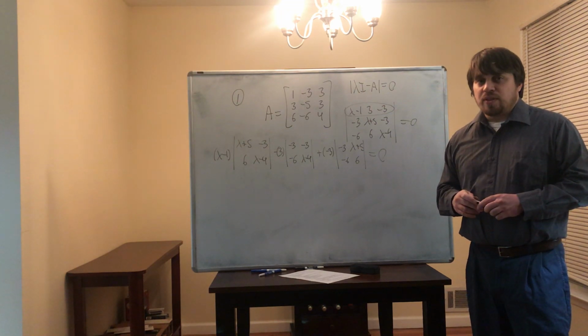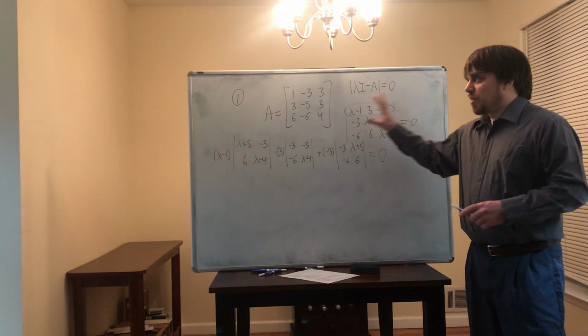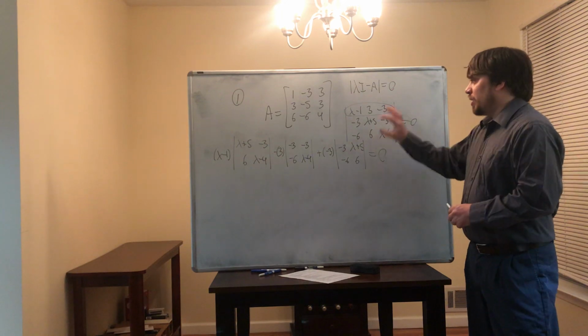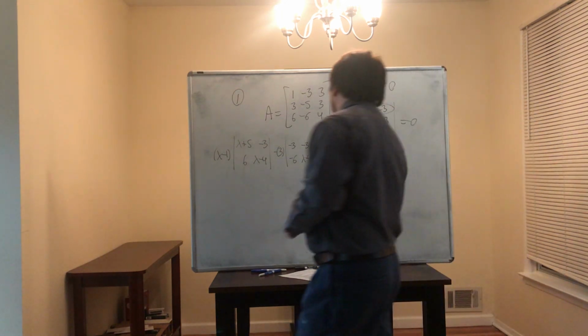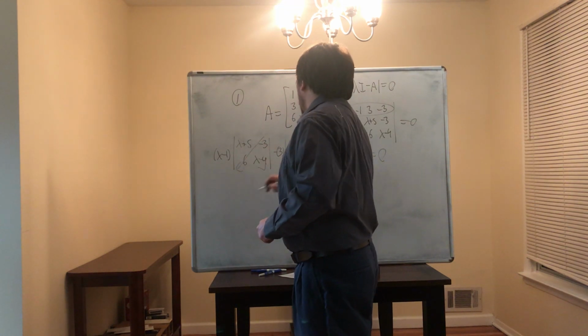You may get stuck in this problem because you make a calculation mistake somewhere, so you have to make sure all of your calculations are correct when finding the determinant of this matrix.